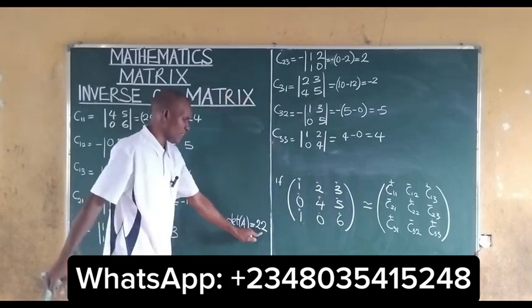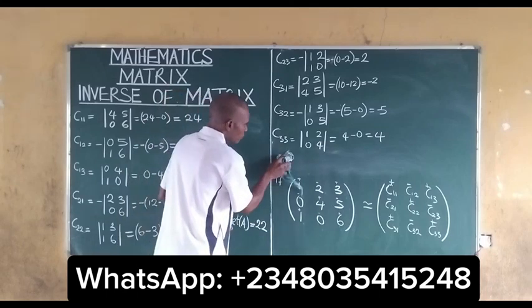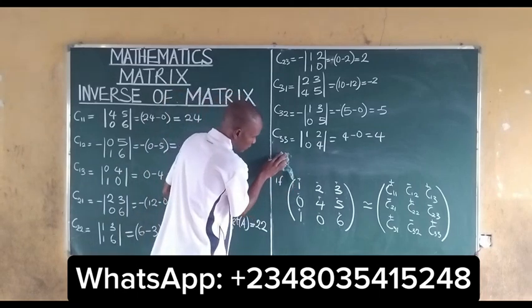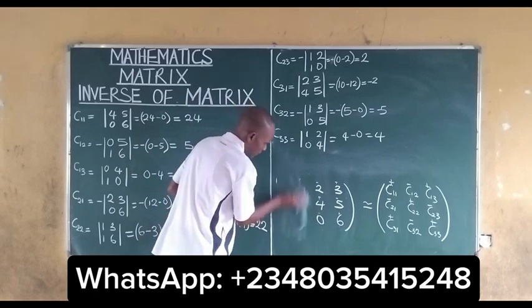Remember, our determinant is 22. We delete this because we don't need it.